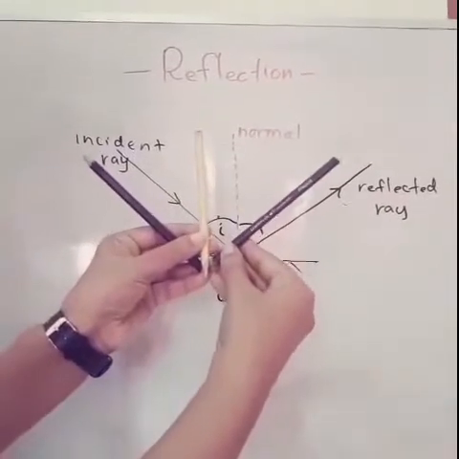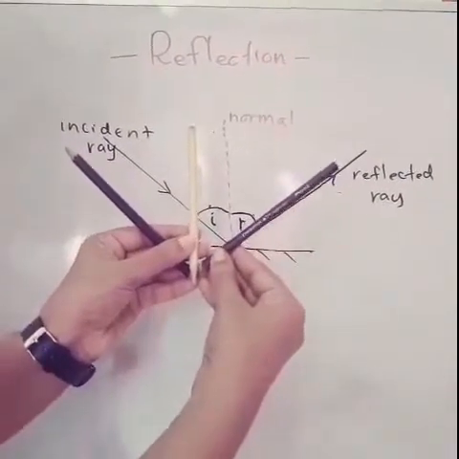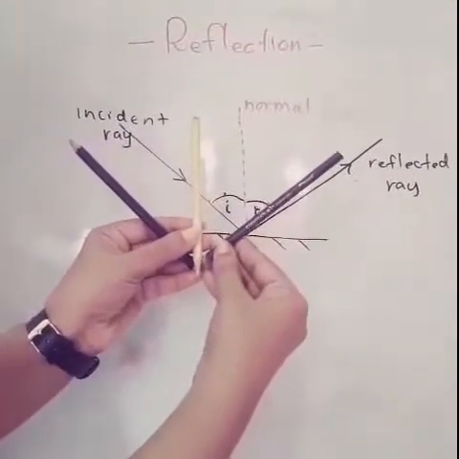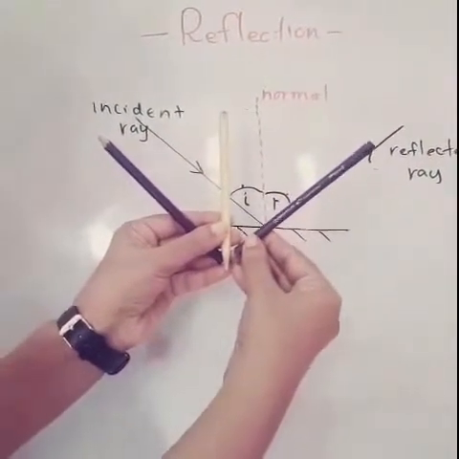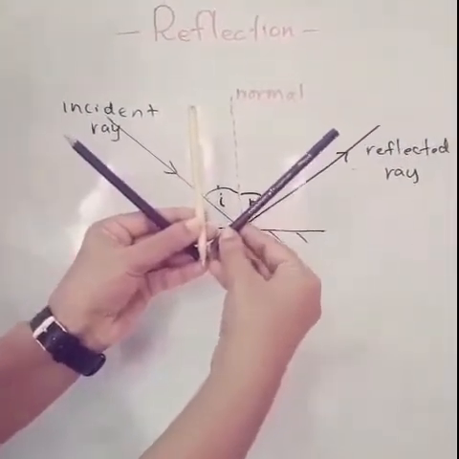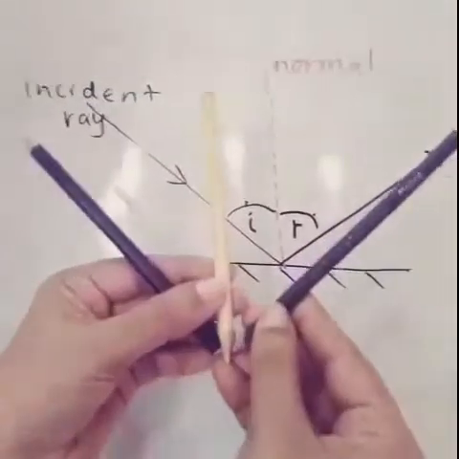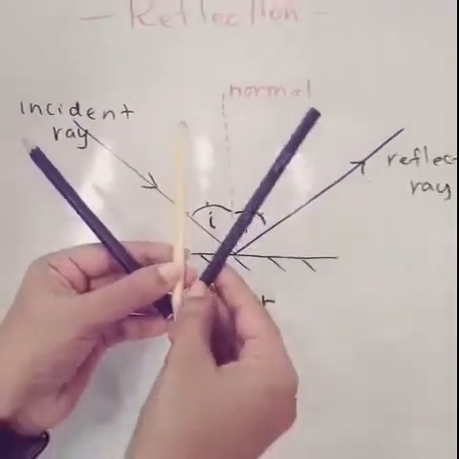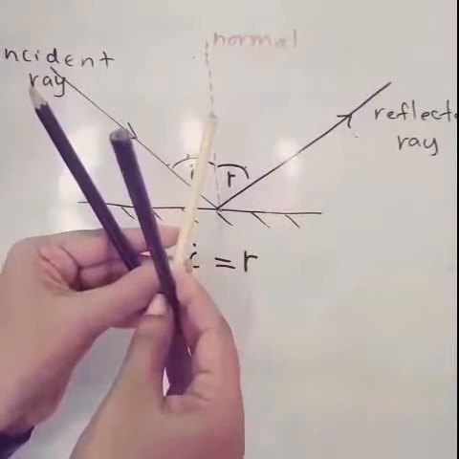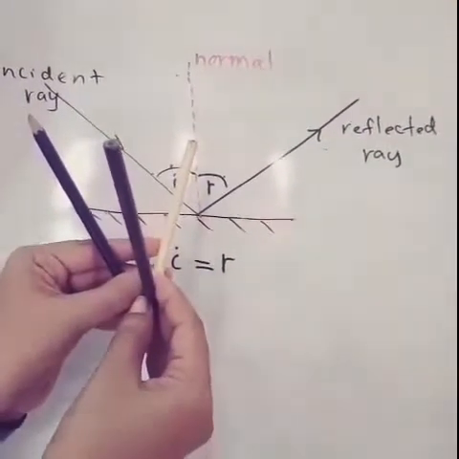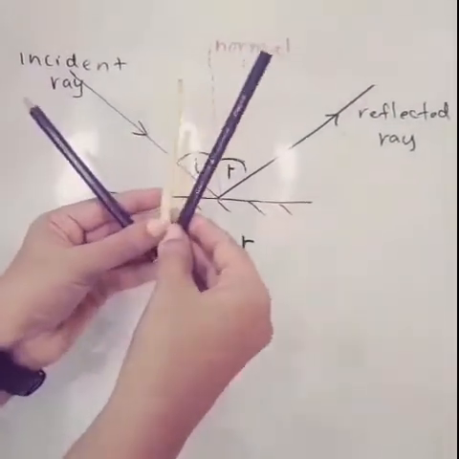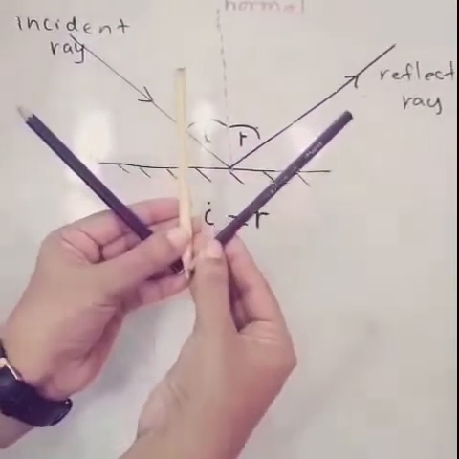So, all the three things are in the same plane. In reflection, incident ray, normal, reflected ray are in the same plane. If they were as this, we can't say they are in the same plane. But they are in the same plane as I am showing here.